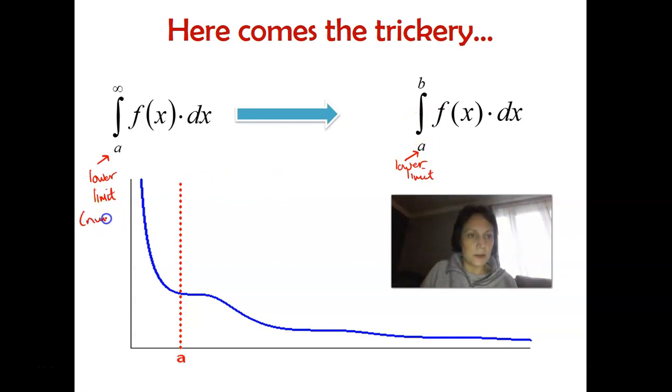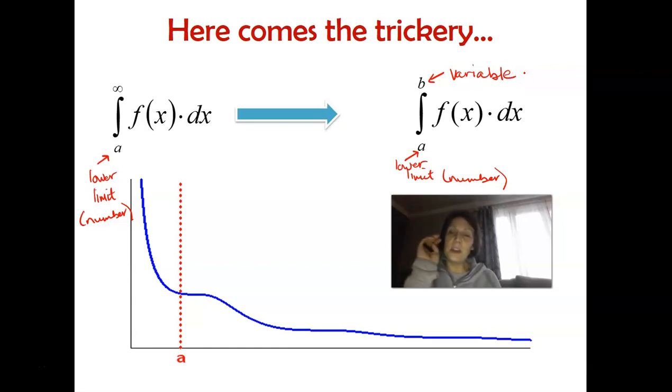Let's note here, this should be a number. But up top here, I'm replacing my infinity with a variable. And notice I'm introducing a new variable. It's not an x or a y. Sometimes I call this a dummy variable. It's like a placeholder variable, right?